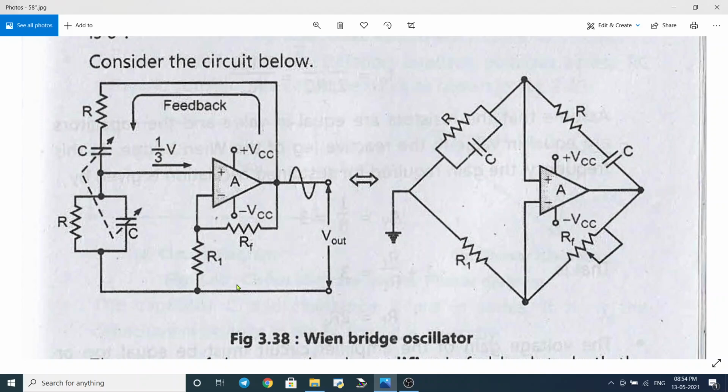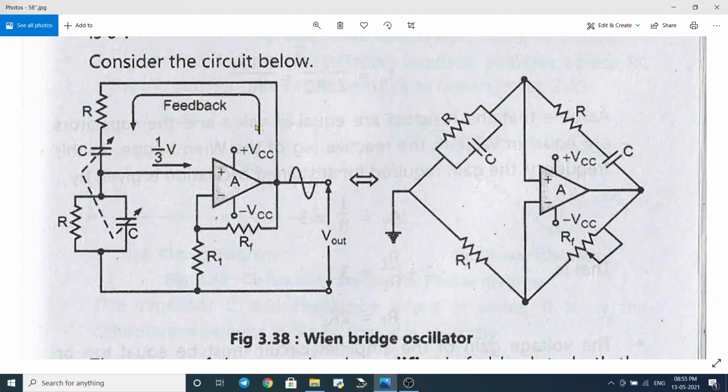So the circuit works as an oscillator because it is a positive feedback amplifier. See, output is taken from the output terminal and it is fed back to which input terminal? The non-inverting input terminal. So this is a positive feedback, and it is applied through this bridge network.